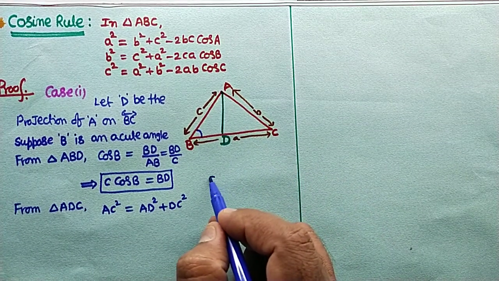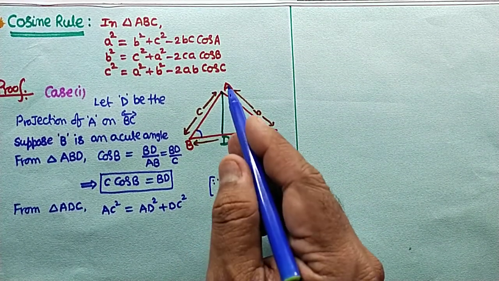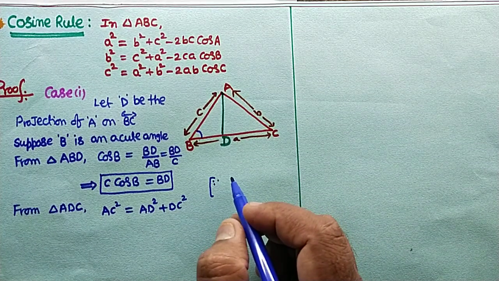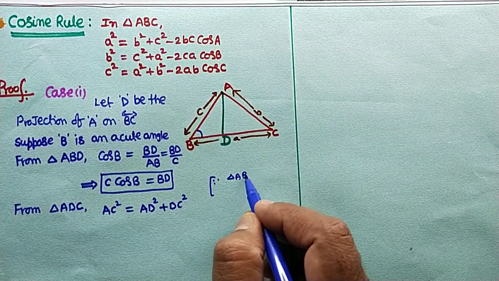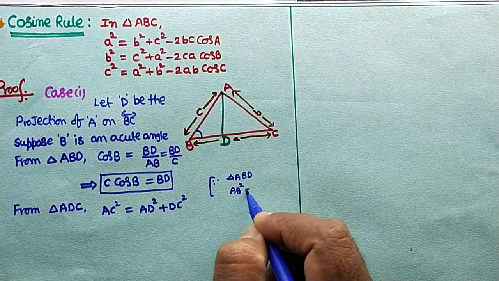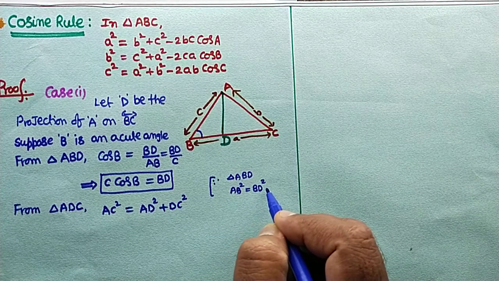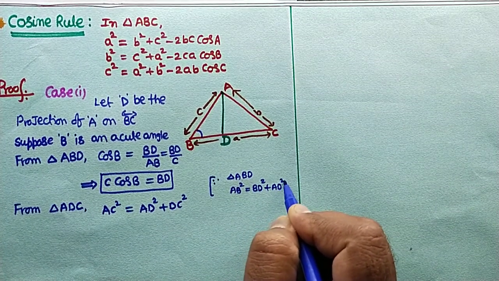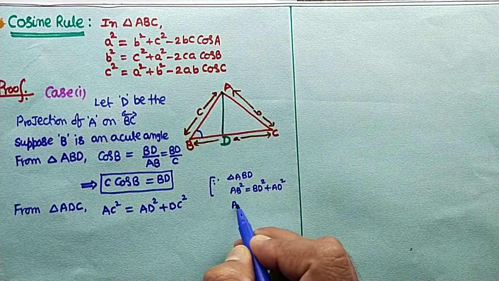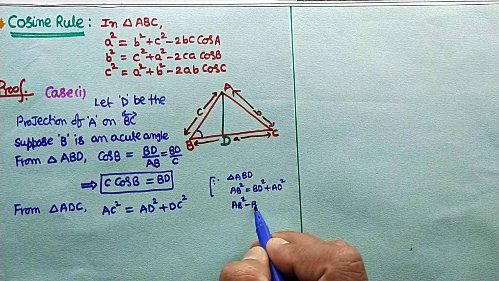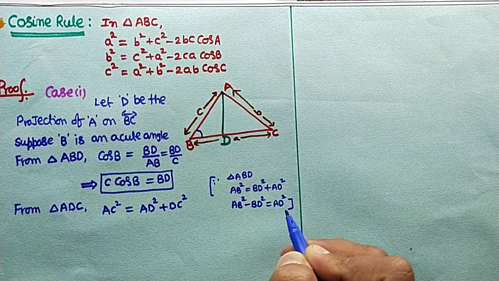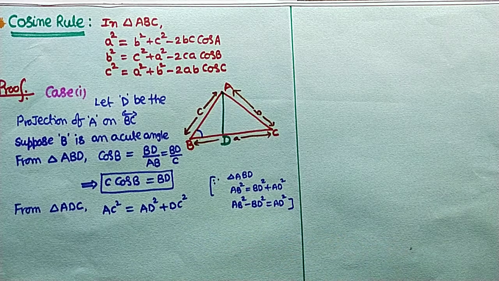Since triangle ABD is also a right angle triangle, AB square equal to BD square plus AD square. Making AD square the subject, AB square minus BD square is equal to AD square. This result we will use in the coming steps.